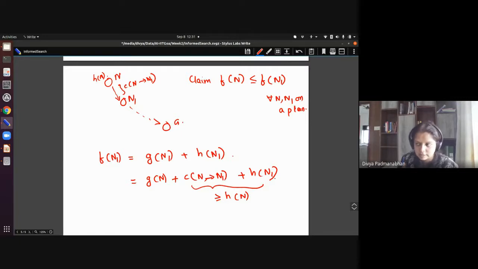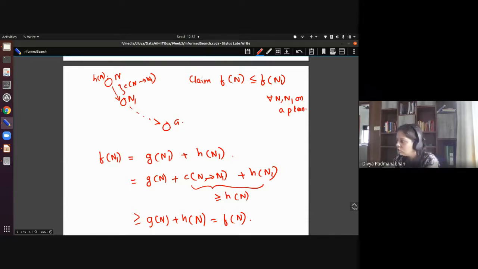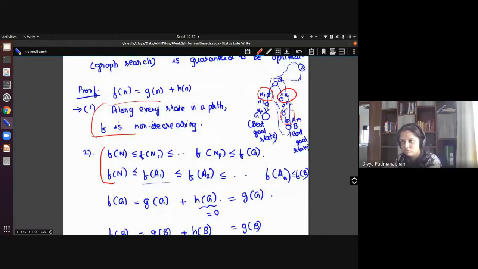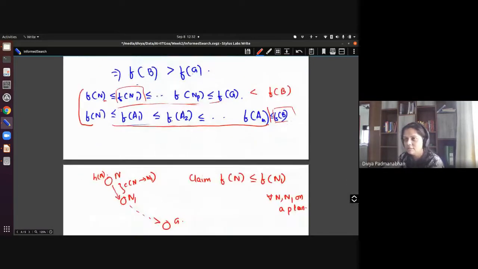So that's just consistency. So overall this is greater than or equal to g of n plus h of n, which is just f of n. So this shows that f of n is less than or equal to f of n1 always. So this completes the proof. Any questions on this proof?